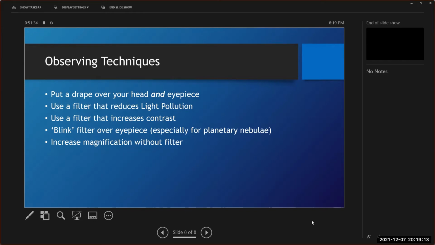I would recommend a UHC filter to start with, because it can be used on a larger number of objects. And it's not such a strong filter that you just can't use it very often, unless you're in a really dark place with a really big telescope. So that's what I would recommend. And if we ever get to go observing again, maybe you can borrow a filter and see for yourself which one works well for you.